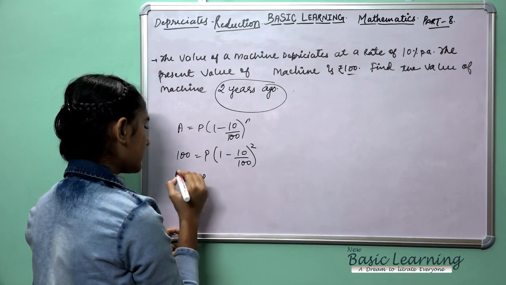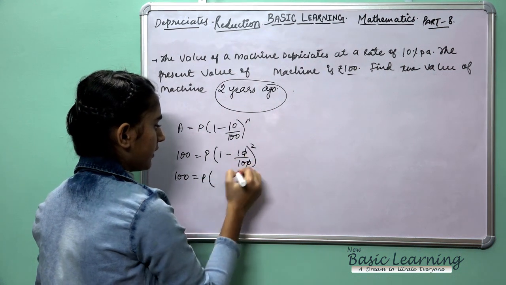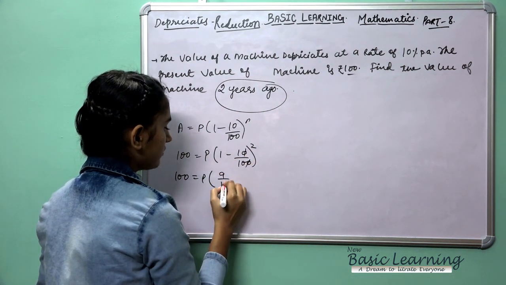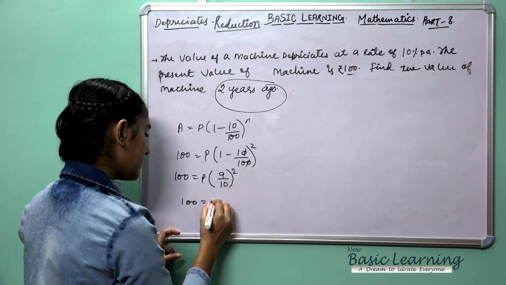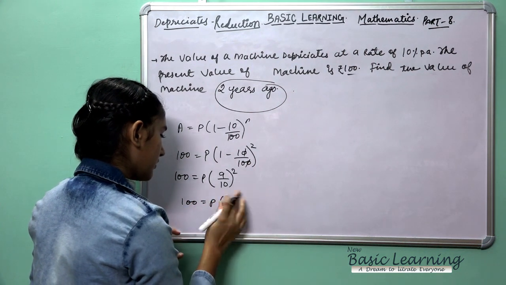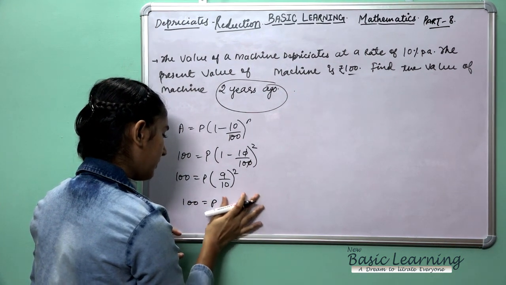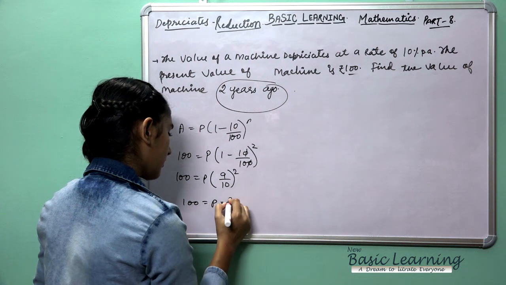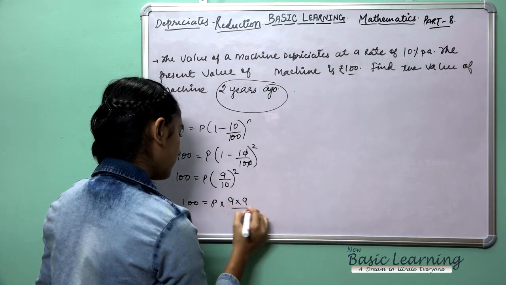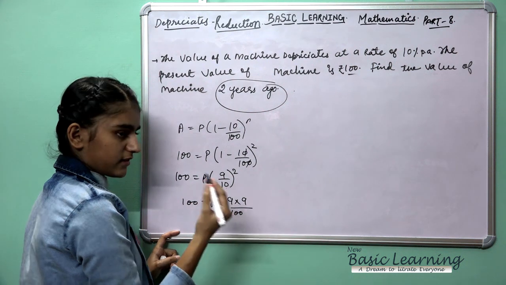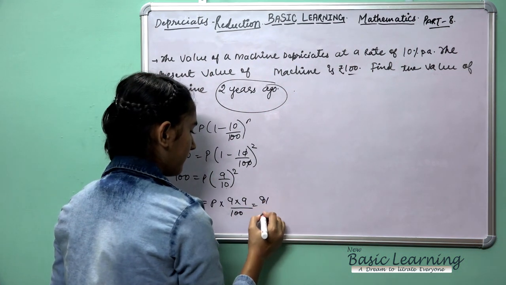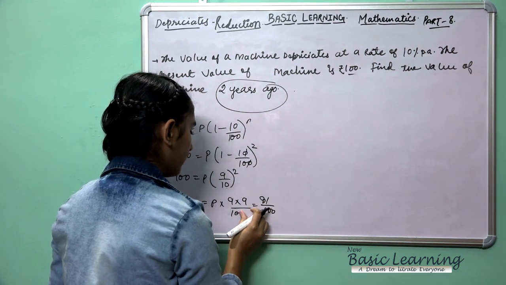The 0 is reduced by 0, giving 9 upon 10 whole square. 9 into 9 is 81, and 10 times 10 is 100, so it is 81 upon 100.